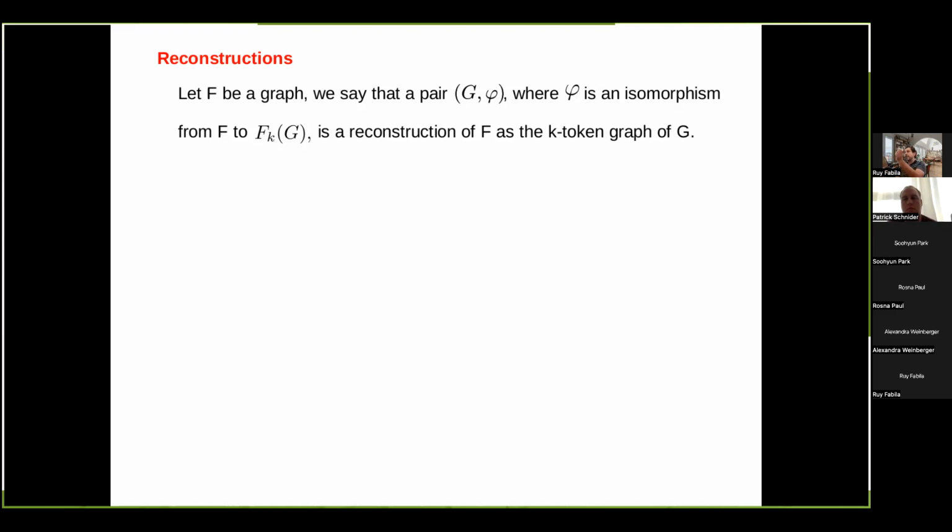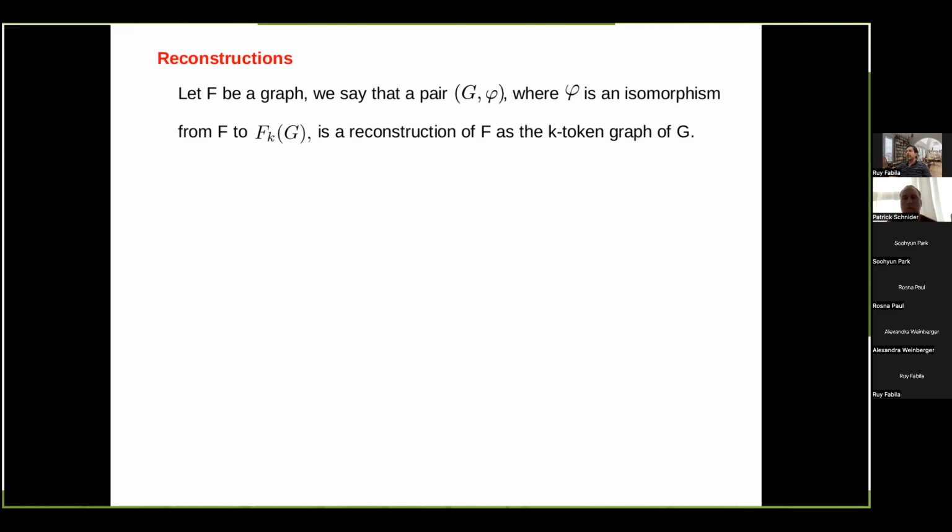I'm saying, this is a set of these k vertices of G, right? And since it's an isomorphism, it's what we want. That's reconstructing a graph: looking at F as the k-token graph of G.